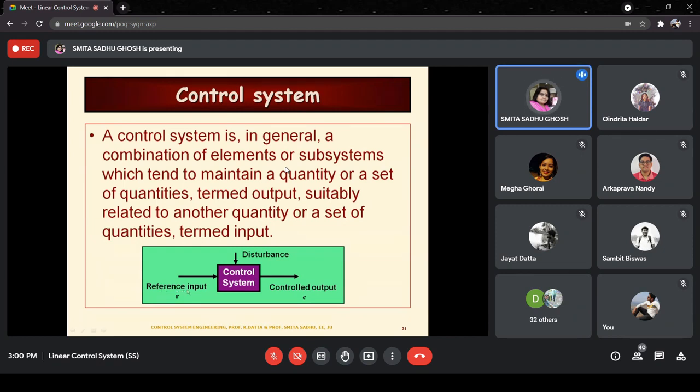Over here in this control system, you find also that there is another signal which is being input to this system, and that is termed as disturbance.